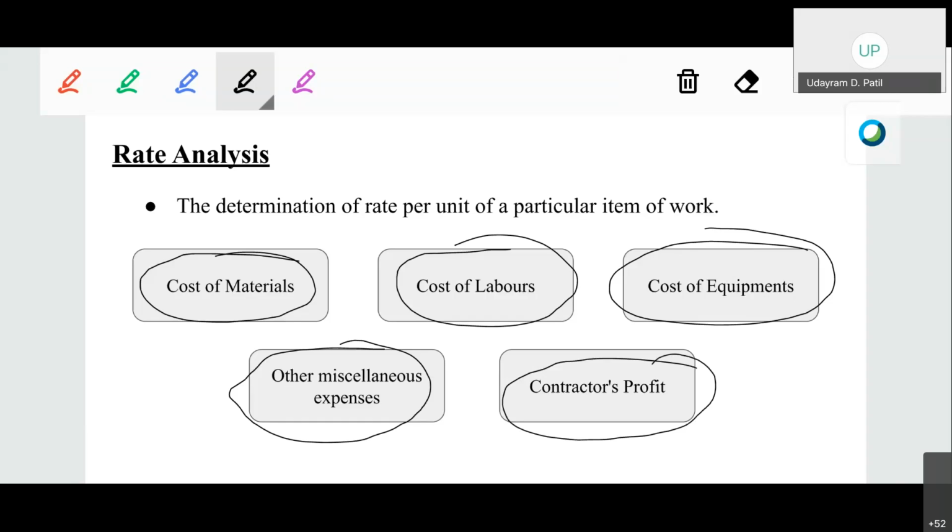So all of these five factors, adding the cost of each of these five factors will give us the total cost of that particular item of work.